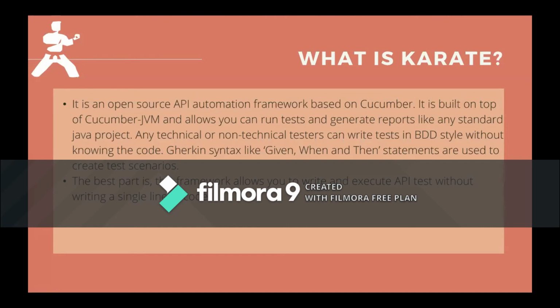Now in Rest Assured, we have to write code in the given-when-then style. We have to write feature files, then step definition code, and we need to write more POJOs, plain old Java objects, and things like that. So a lot of boilerplate code you need to write with Rest Assured.